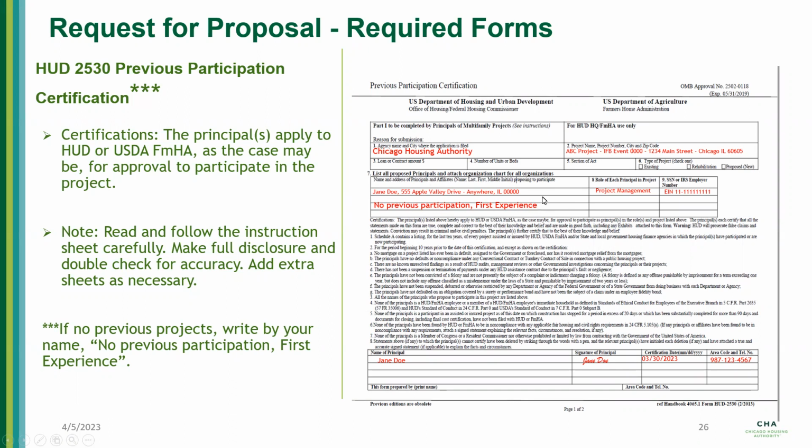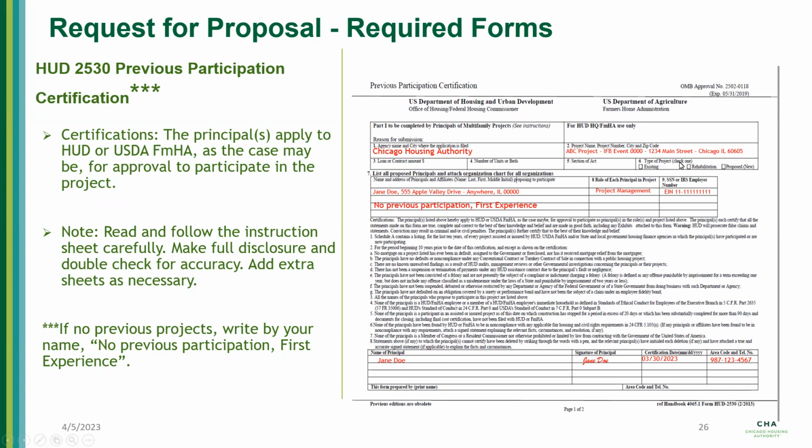But if you do, you will need to enter here the agency name and city where the application is filed. In this case, it's going to be the Chicago Housing Authority, the project name, number, and the location, okay?